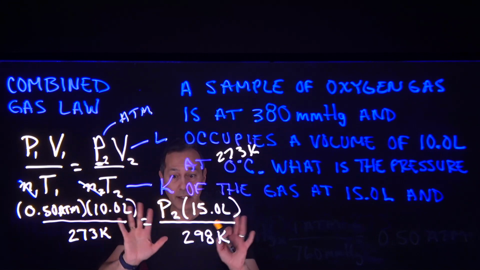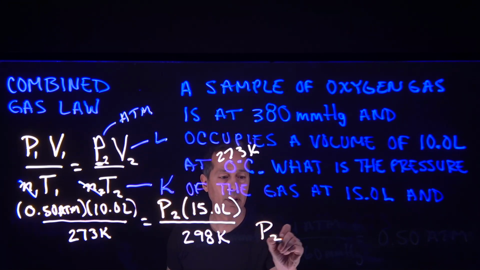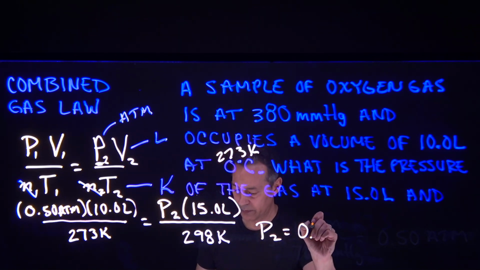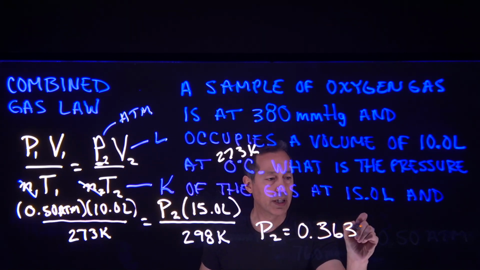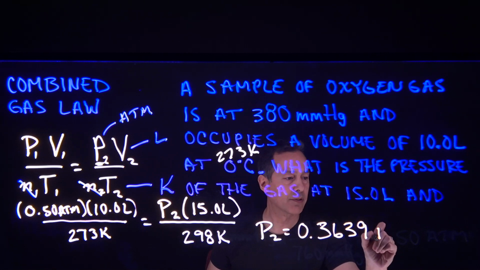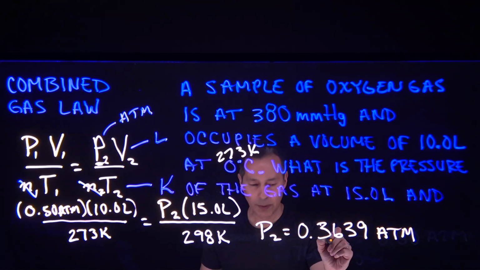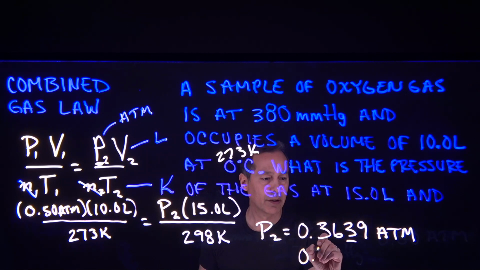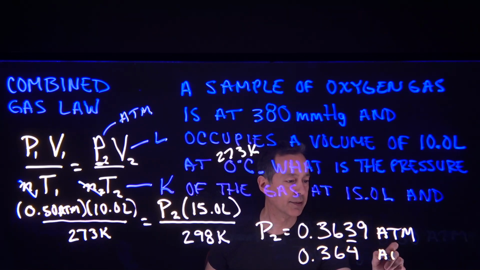When I did all of this, I ended up with my pressure equaling 0.3639 atmospheres. We might round that to 3 sig figs, so 0.364 atmospheres.